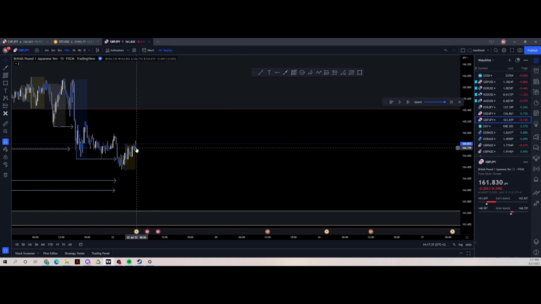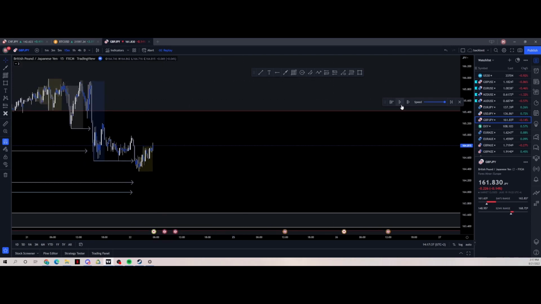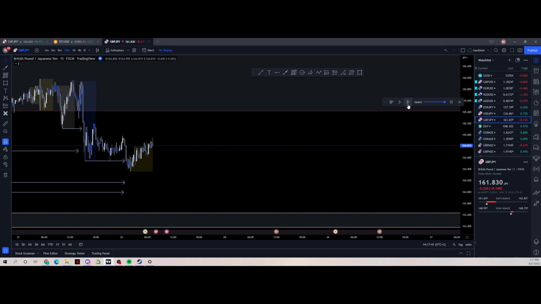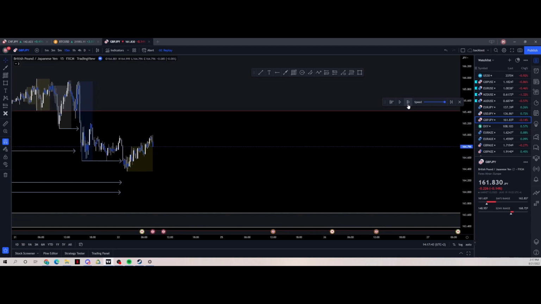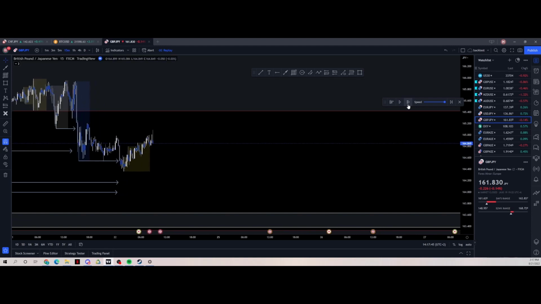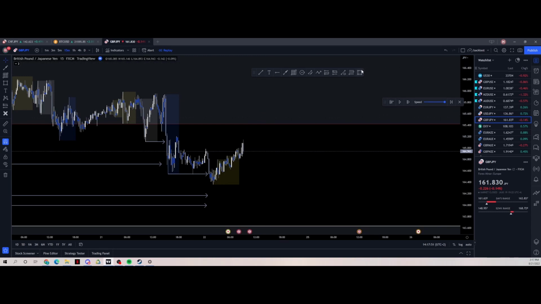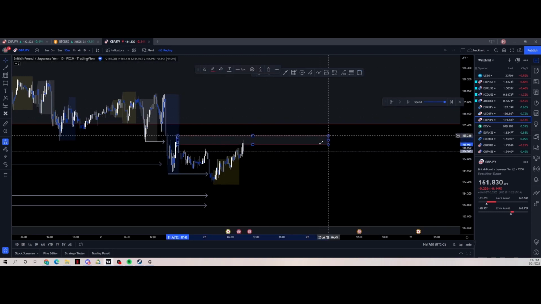So let's just start right now. We're at 5:30 a.m. Let's just skip a little bit to the London session, because that's where I will be starting my trades. Right now it's 9 and we're seeing a nice rejection to this zone.